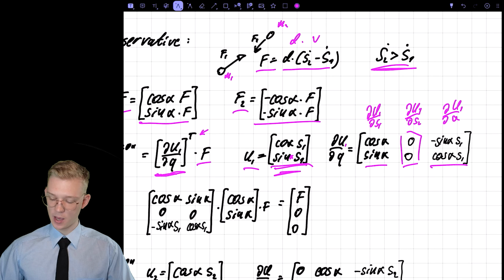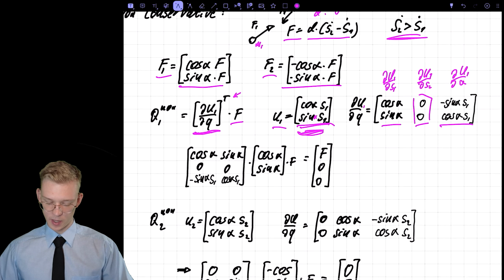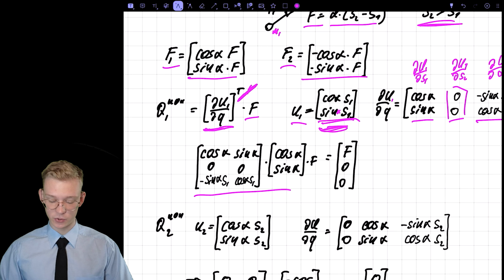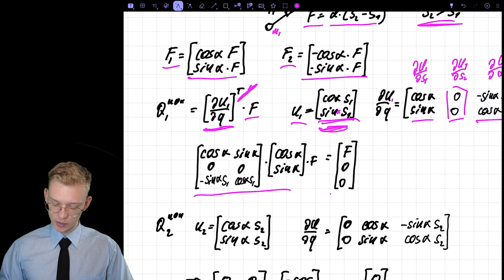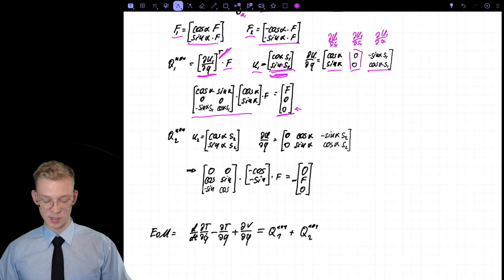And then we have a minus sine alpha and a cosine alpha if we derive with alpha. Now we do a transpose. We transpose this whole matrix and we get this matrix vector multiplication. And we see that we simply just get a F, 0, 0 because cosine squared plus sine squared is 1, and minus cosine sine plus sine cosine is 0. So that's why we have nothing here in the third line. So this is for mass 1.